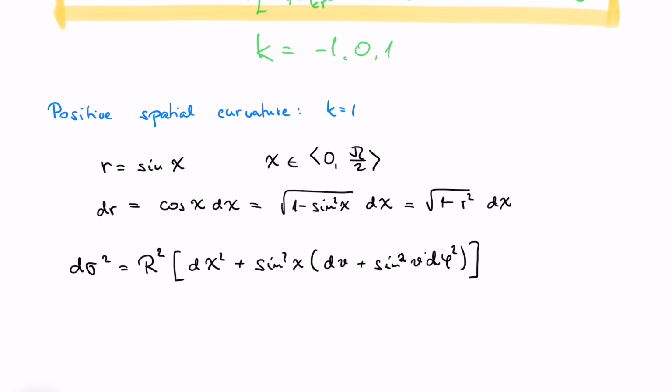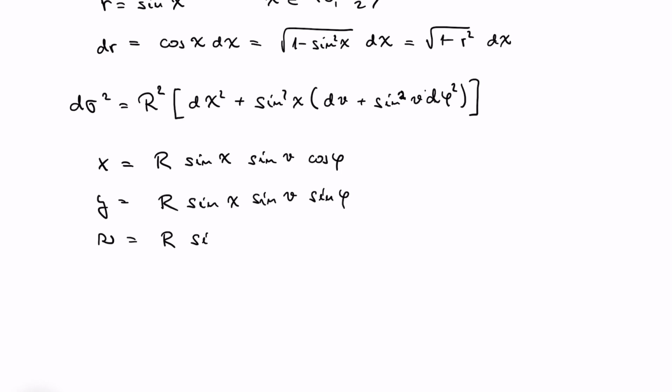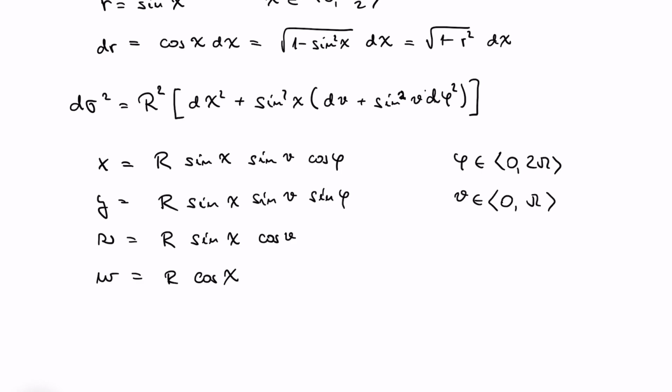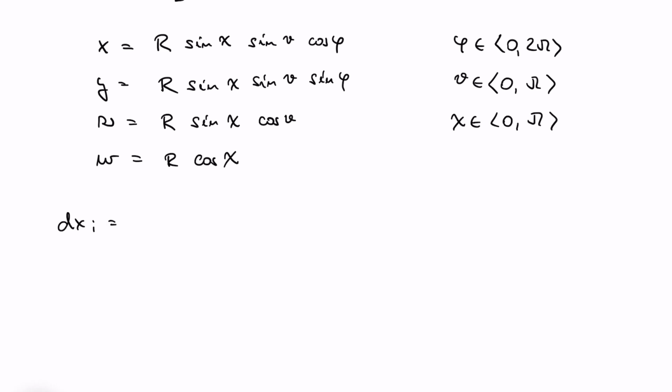If spherical coordinates are introduced in four-dimensional Euclidean space, then the Cartesian coordinates are expressed like here. If we now keep r constant, so that we specify the hypersurface of a three-sphere, then the differentials are calculated like this.